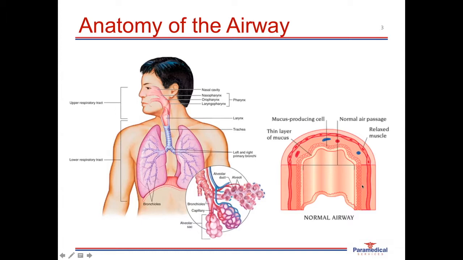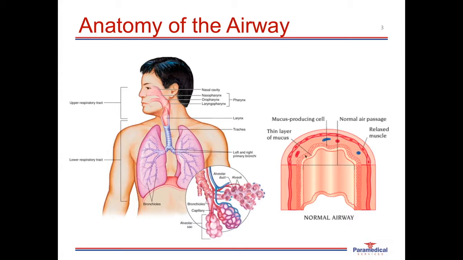This controls how much air flows all the way down to our alveoli, and they can be either increased or decreased in size depending on whether the muscles constrict or relax. So if the muscles constrict, the airway gets smaller and smaller, and if those muscles cause dilation, then the airway widens and increases in size.